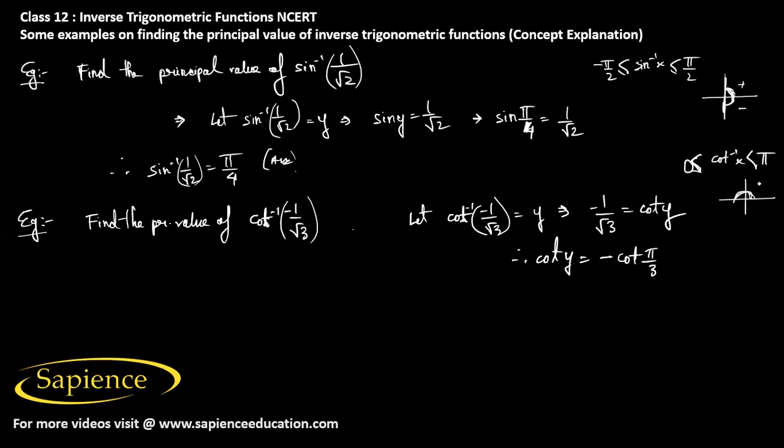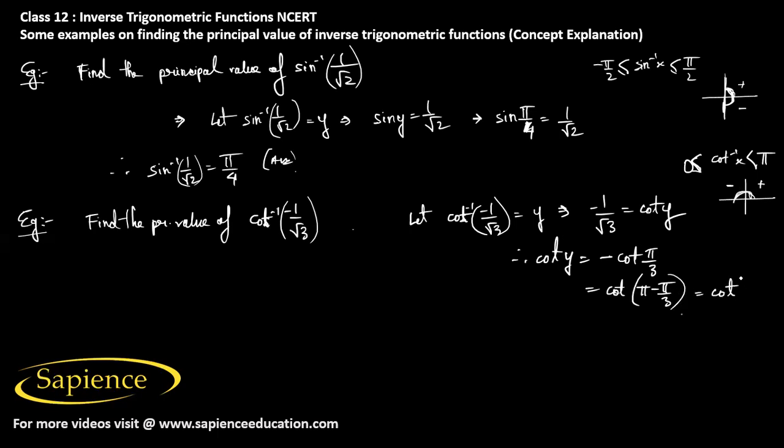We know that in the first quadrant cot has positive value, and in the second quadrant it has negative value. Since it is negative, the angle should be slightly more than pi by 2 and less than pi. So this value we can write as cot of pi minus pi by 3. Minus cot pi by 3 means cot of pi minus pi by 3.